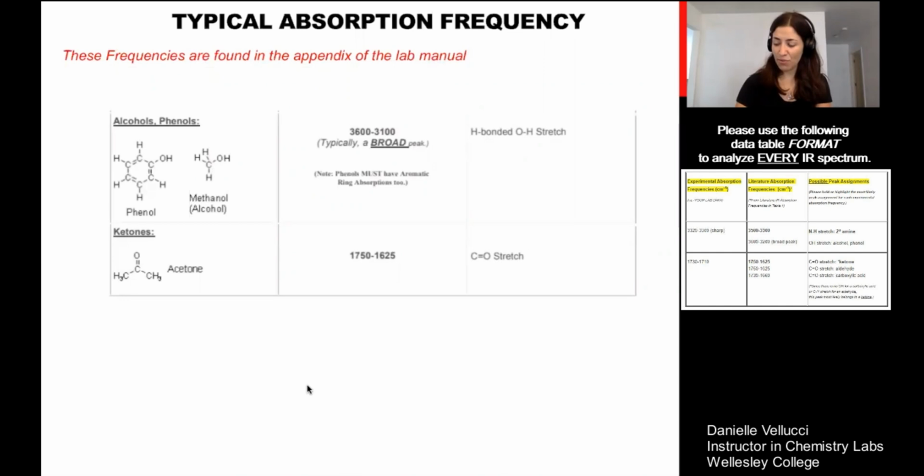Again, the really important ones for us: when we see signals between 3100 and 3500, it's typically characteristic of our hydrogen bonding functional groups.